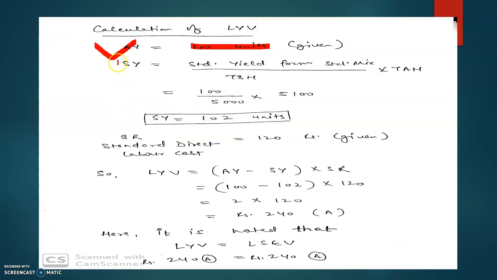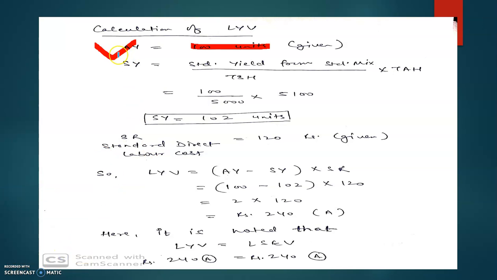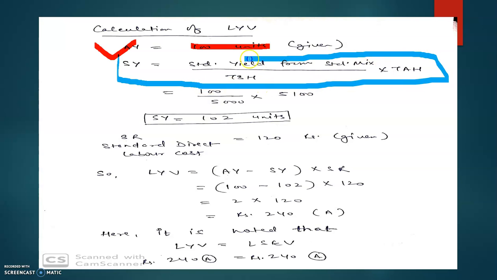Standard yield we will calculate. Formula for standard yield, kindly note it down, that is standard yield from standard mix divided by TSH into TAH.